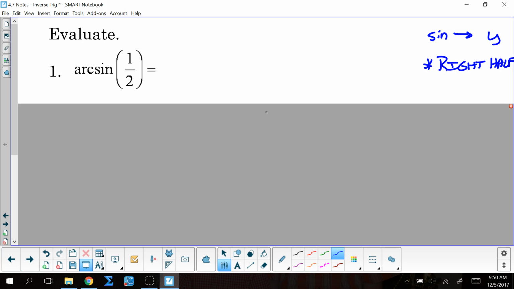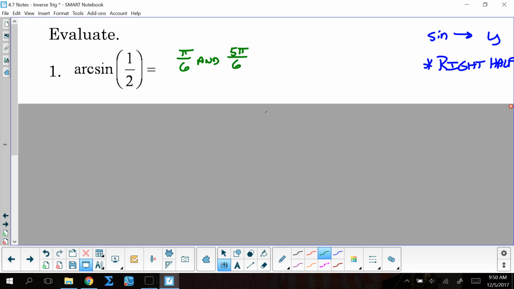Arc sine of 1/2. Where on the unit circle is sine equal to 1/2? Pi over 6 and 5 pi over 6, right?